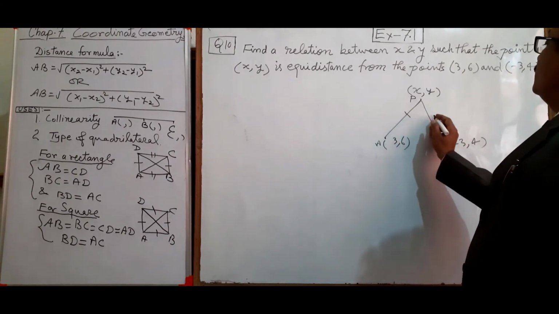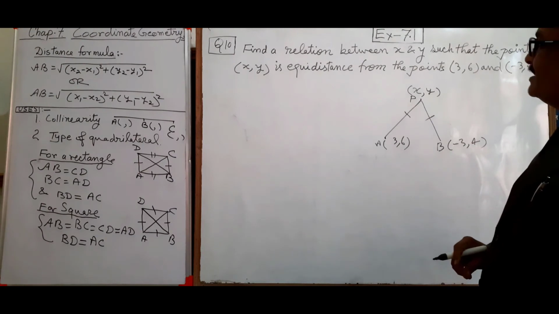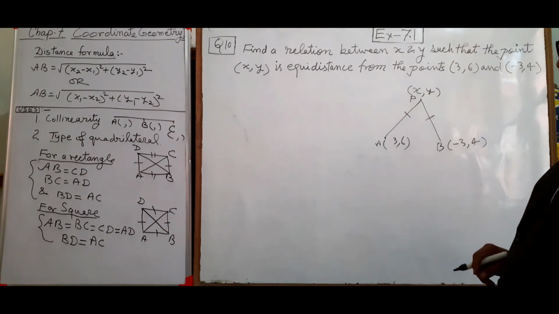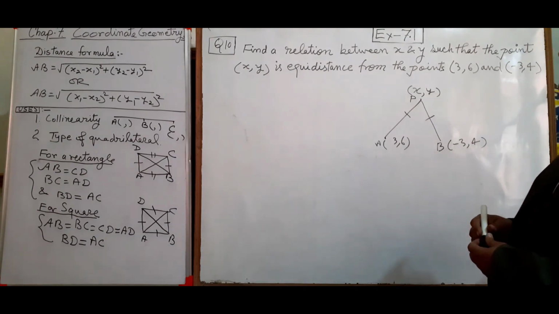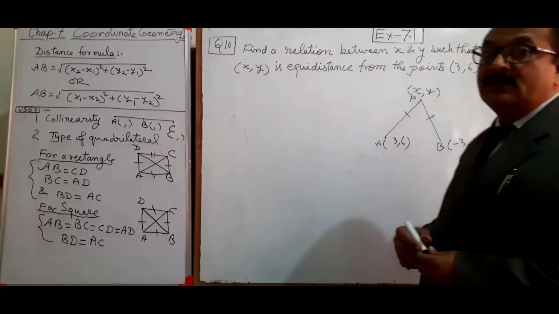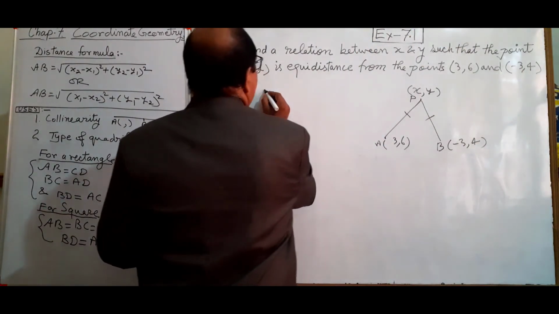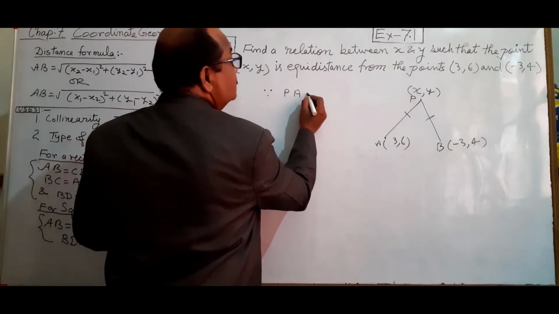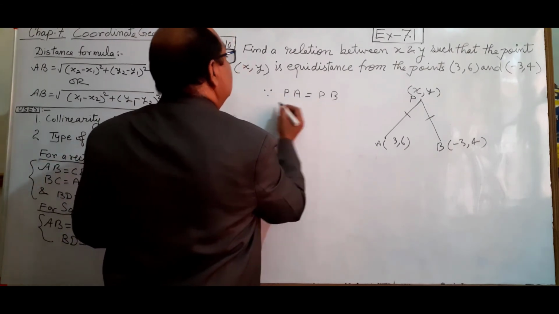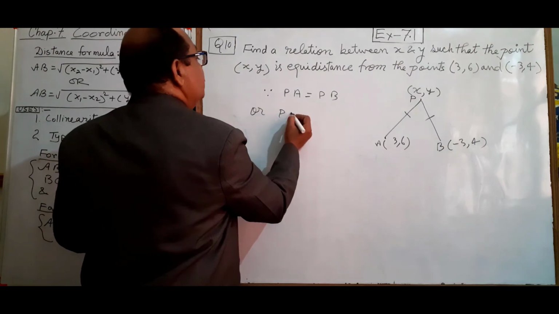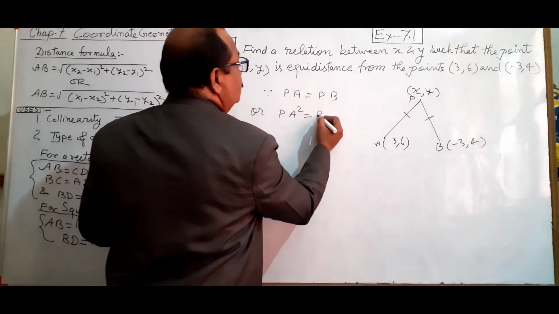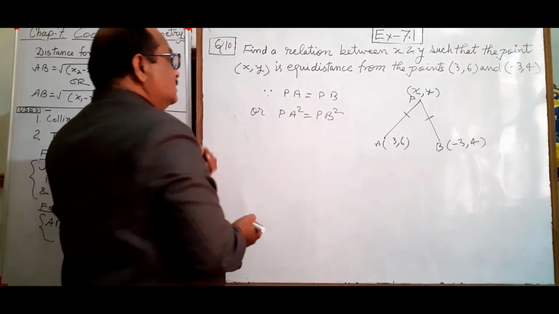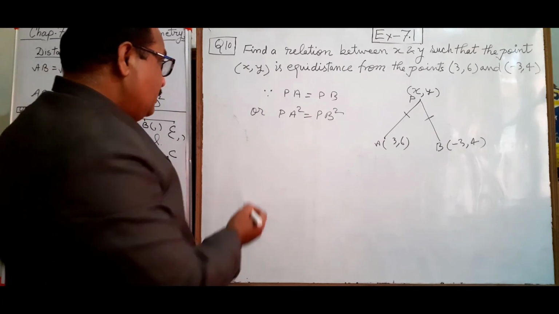And since these two distances are equidistant, as it is given, you can see again apply the same formula. You write here, since PA is equal to PB, or you can write PA square is equal to PB square. This you can apply now.